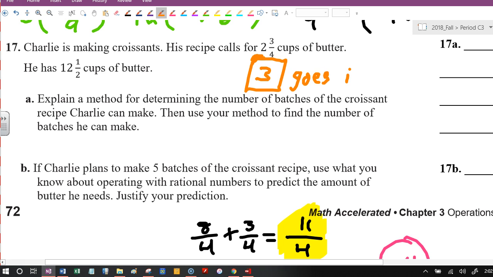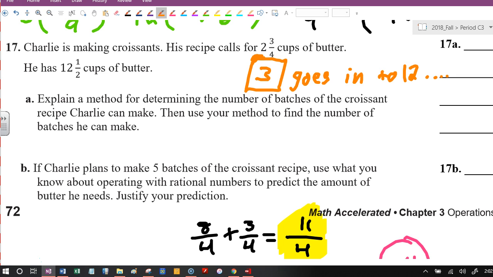Okay, hold on. 3 goes into 12 4 times, right? Mm-hmm. So you have to make sure that you round it the right way, because it could have been not enough. So let's see. Well, we rounded up or down for the cups of butter? Up.